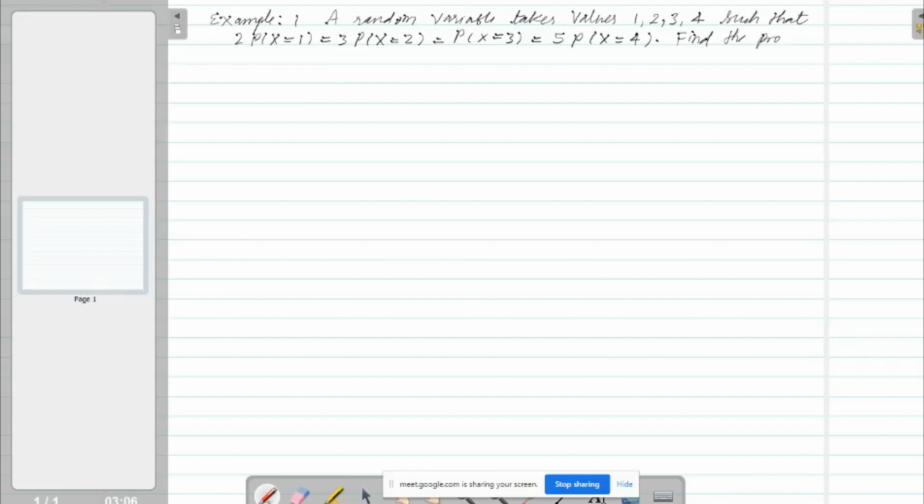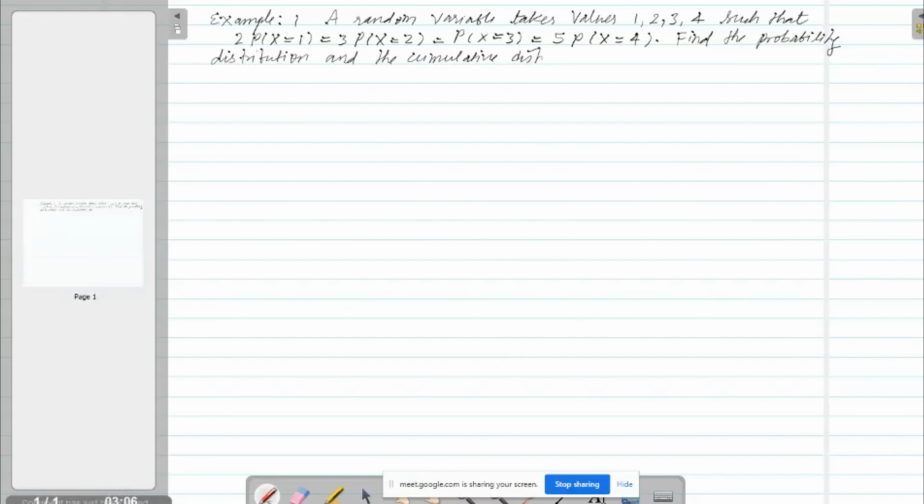and the cumulative distribution function.